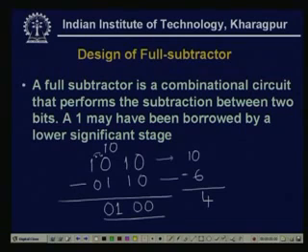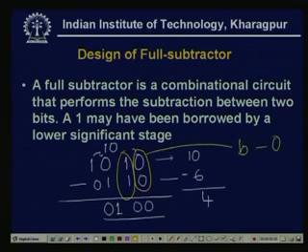See here, for these 2 bits nothing has been borrowed, so the borrow bits are 0 for these 2 bits, but for the third one, the borrow is 1.